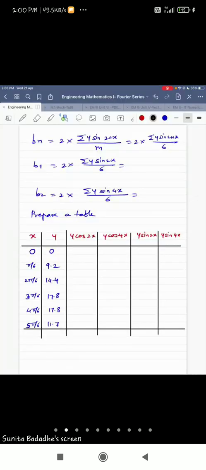So you enter all these values. I'm going to leave these tables blank. I'll not enter the table values now. So Anup, tell me what is y cos 2x summation? Yes, Anup, it is minus 23.45, correct? What is y cos 4x summation?